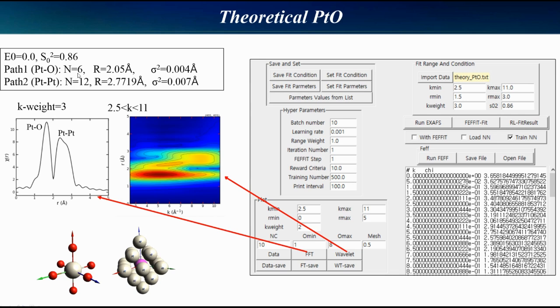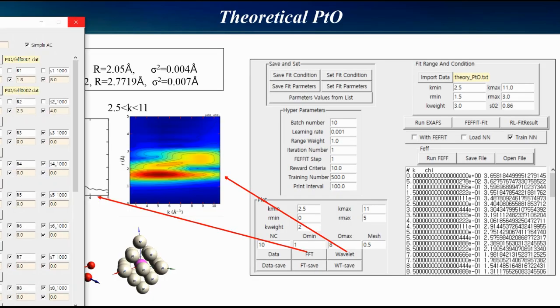In JAI-EXAFS, you can also see the Fourier transform data and wavelet transform data like that. I already explained. I want to show you how the deep RL fit is conducted, and later you can understand that.